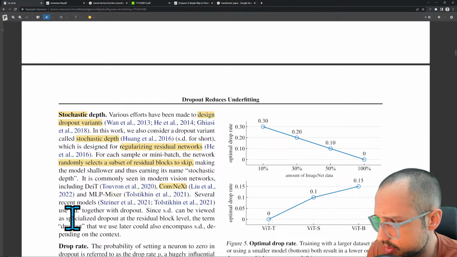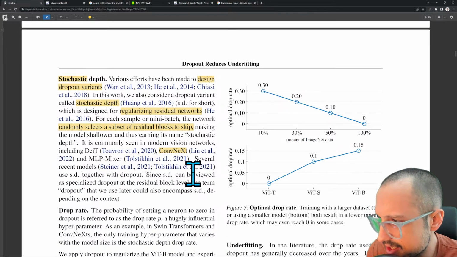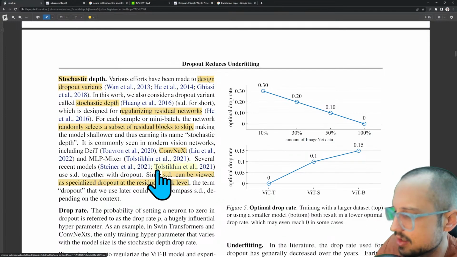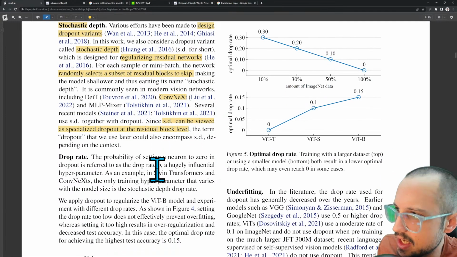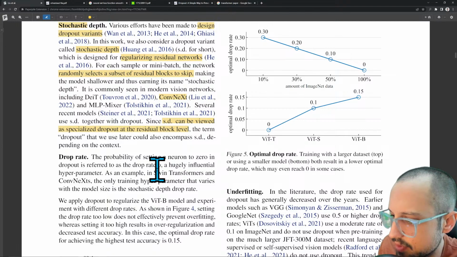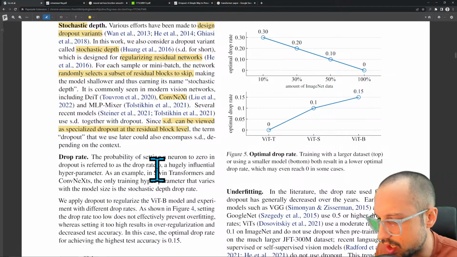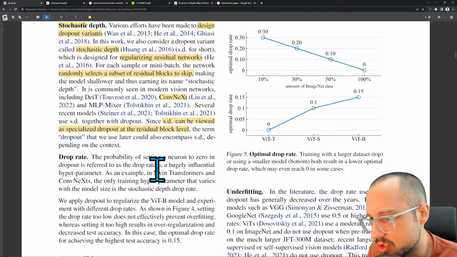Several recent models use SD together with dropout, since SD can be viewed as specialized dropout at the residual block level. The term dropout that we use later could also encompass SD depending on the context. Yeah, so this is sometimes a problem with these kind of understanding papers and theory type papers, where they try to understand something but it's limited to the architecture and the benchmarks that they decide on.